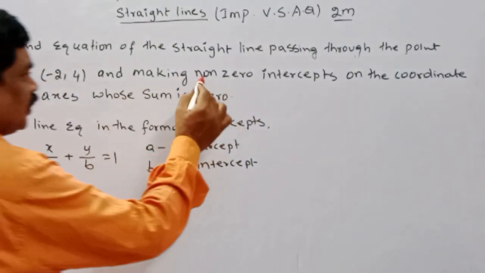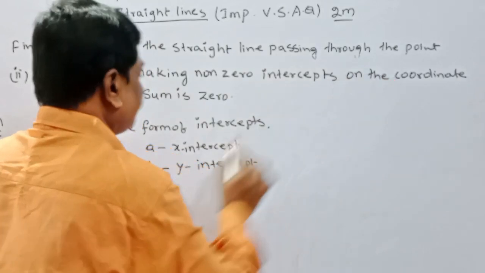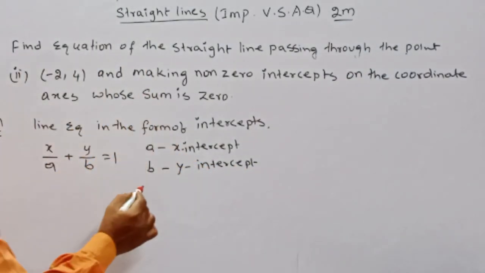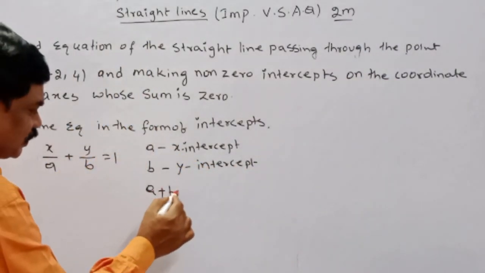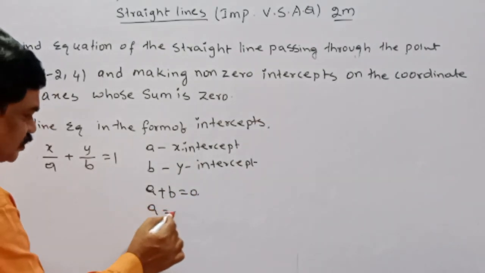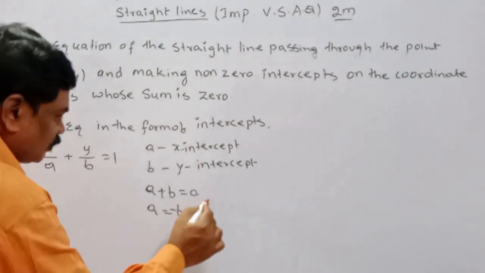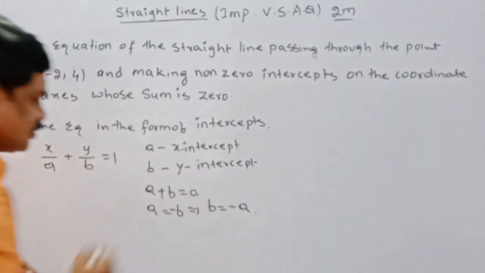And here intercepts are non-zero intercepts whose sum is 0. So, a plus b is equal to 0.